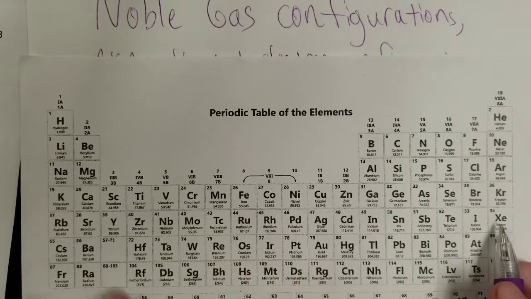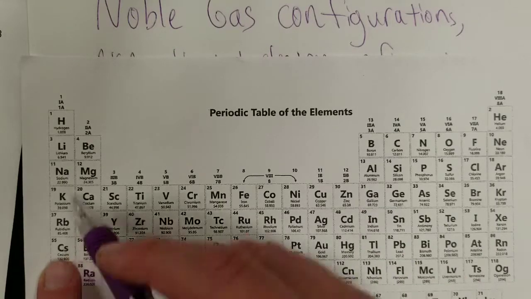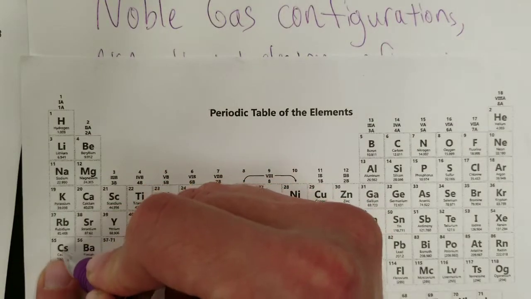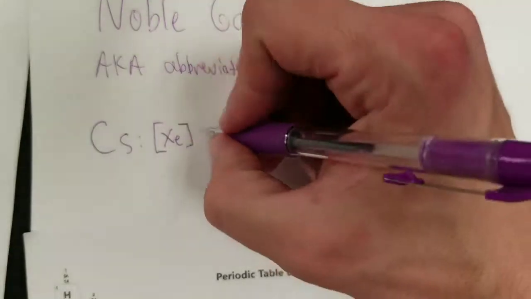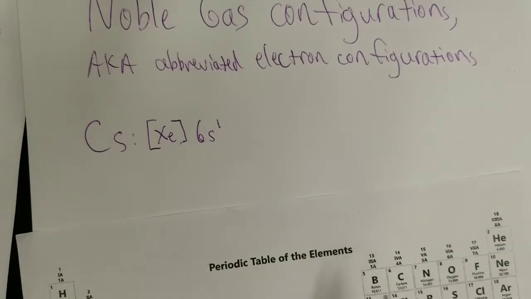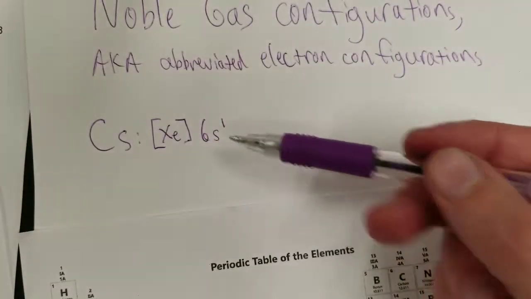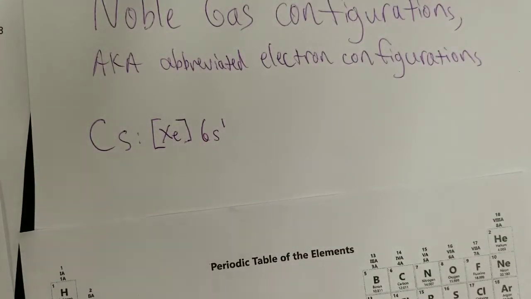The only difference is that in addition to xenon, it has this 6s1. So 1, 2, 3, 4, 5, 6. Yes, 6s1. That way, instead of writing out a big long thing like this, we can write out a little short thing like this.